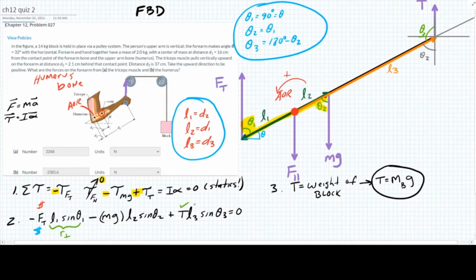We know everything because that's M block times G. Okay. All right. D3. $22.68.